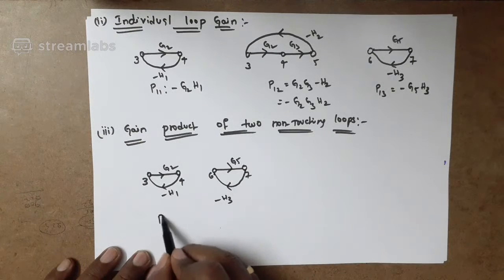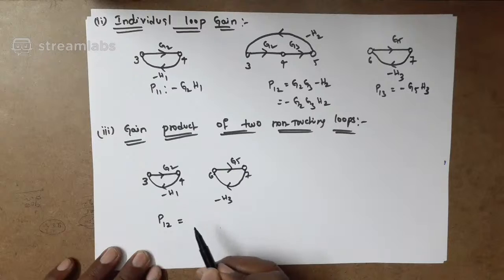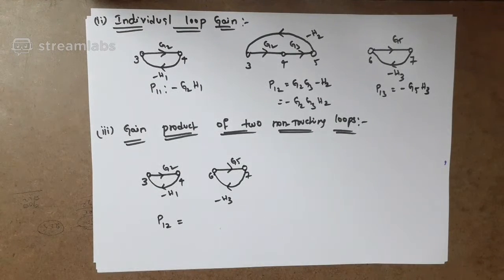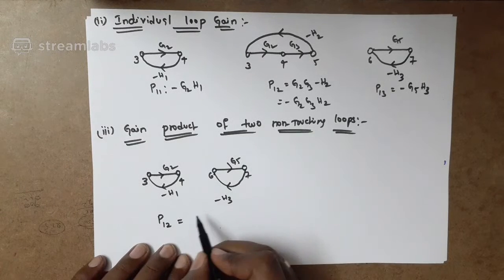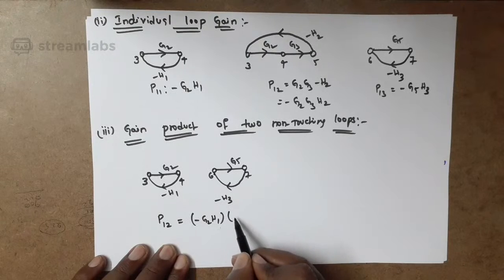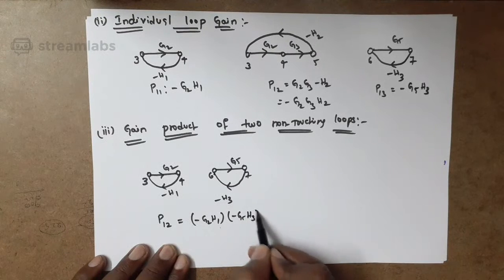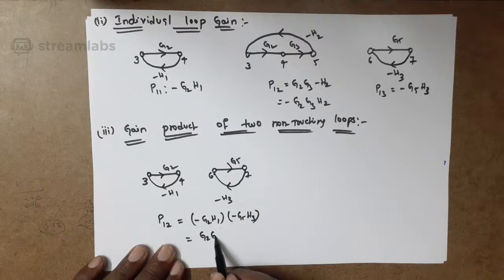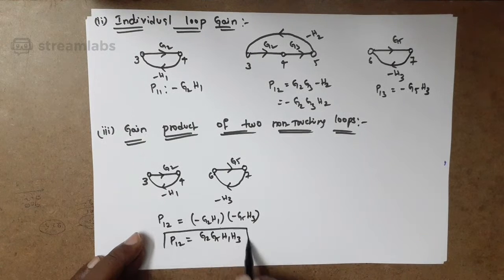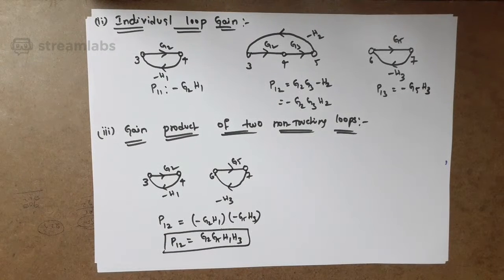Then P12 is equal to the product of two non-touching loops. The product is minus G2H1 into minus G5H3, which gives G2, G5, H1, H3, the gain product of two non-touching loops.